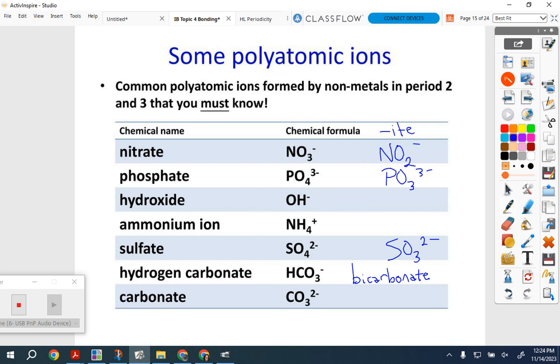The IB will use the term hydrogen carbonate. But this is the anion for baking soda. Sodium bicarbonate, or bicarbonate of soda, is sometimes written as baking soda. So that's where that comes in. Okay, so make sure that you know these, that you know how to write them, what the charge is. It'll just make your life easier.